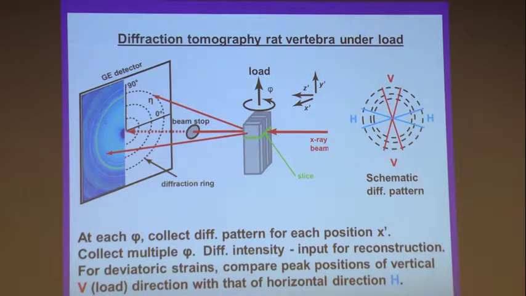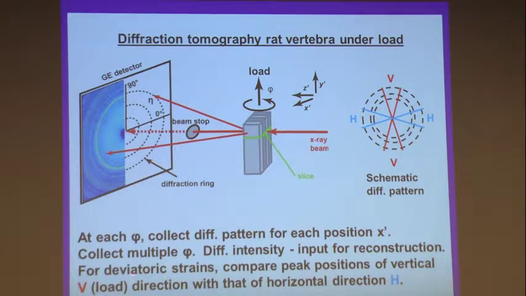So we take the beam through the sample, collect the diffraction patterns, rotate through 0 to 180. So we have a bunch of different views. We have to translate to cover the entire slice. And then we can do integration of our rings in the horizontal sectors or the vertical sectors. So we can take the intensity here and here versus here and perform different tomographic reconstructions.